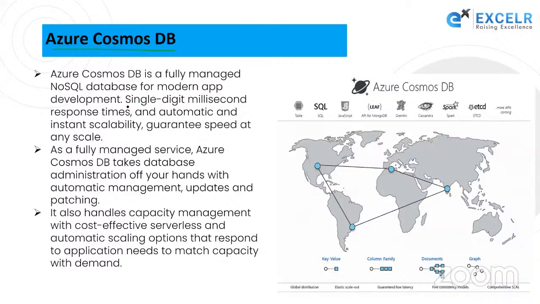It provides single-digit millisecond response time and automatic and instant scalability, which will help you provide a super fast database at any scale. It is very fast, and it is going to provide you single-digit millisecond latency.